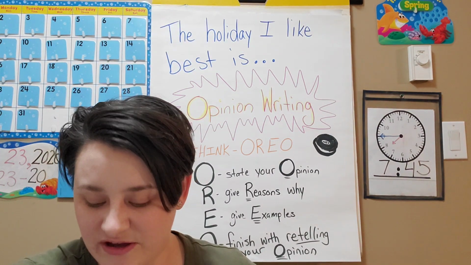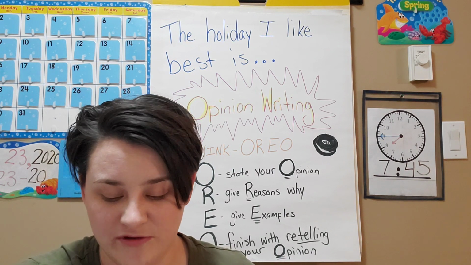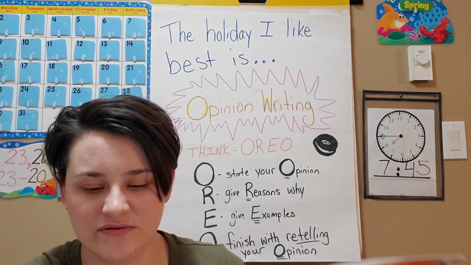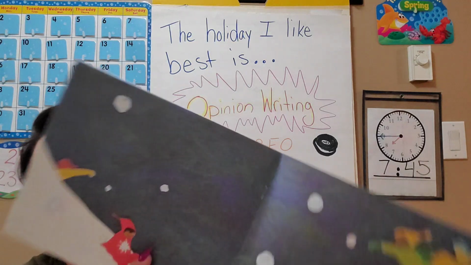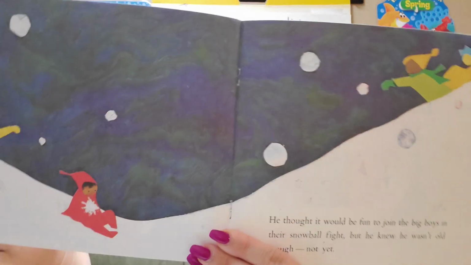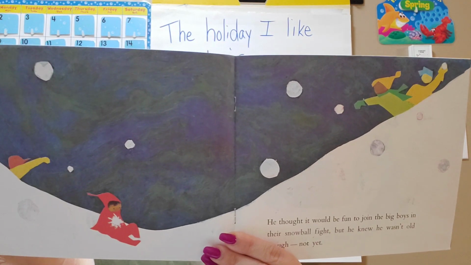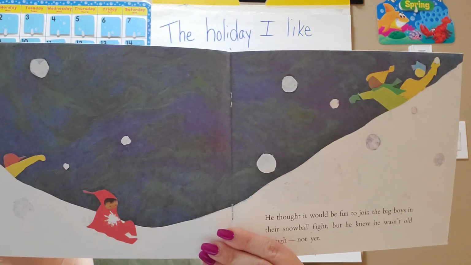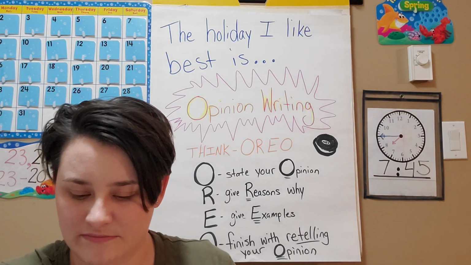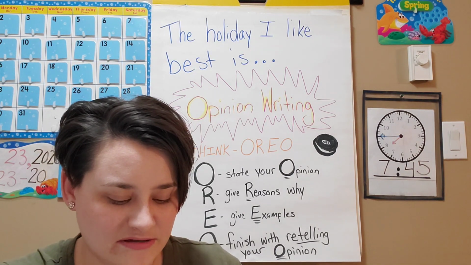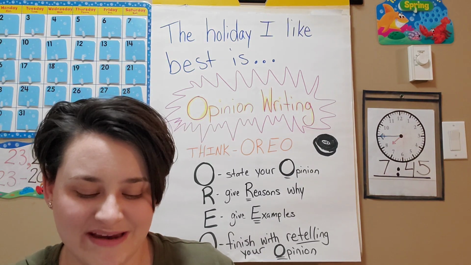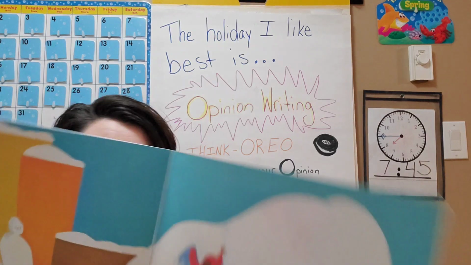He thought it would be fun to join the big boys in their snowball fight, but he knew he wasn't old enough. Not yet. So he made a smiling snowman, and he made angels.